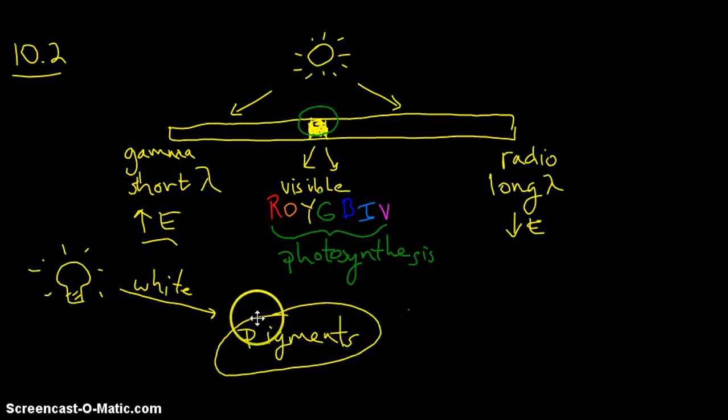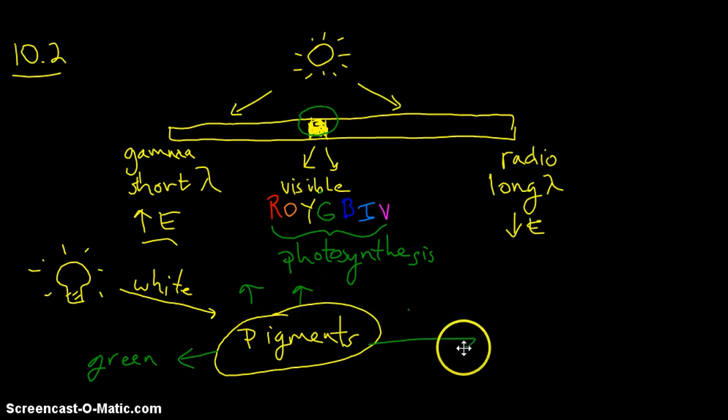So if you have white light striking a surface, certain wavelengths of light will be absorbed and not seen, and others will be reflected. So if we imagine this is white light striking a pigment, and what we see is green, that means that the wavelengths of green light are either being reflected or transmitted, or passed through the substance. So that is in part why chlorophyll appears green.